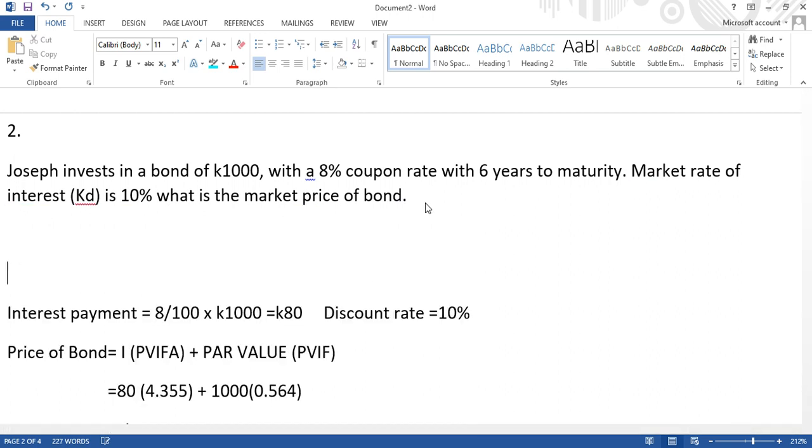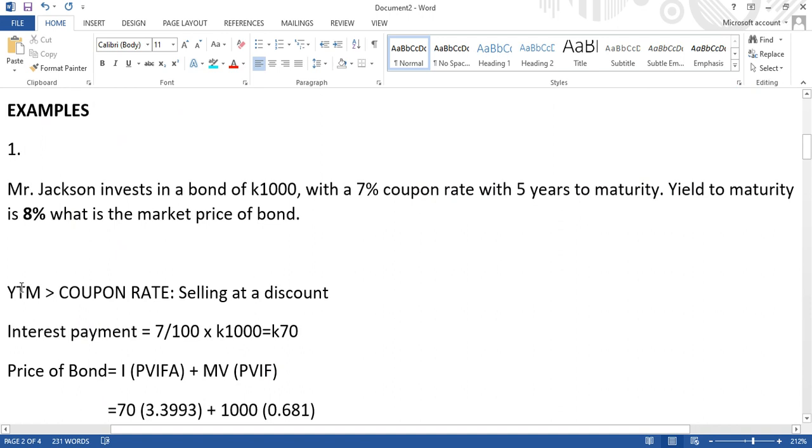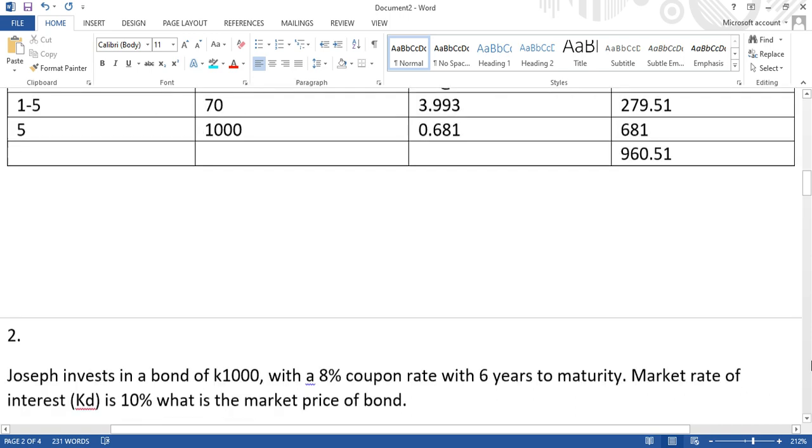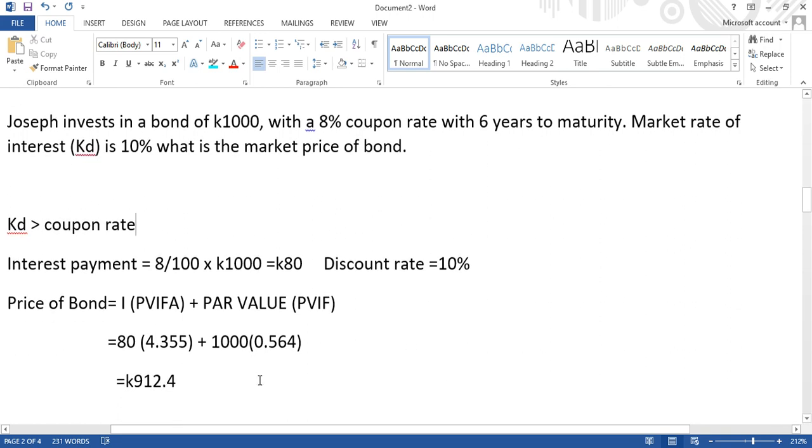So let's see, is our cost of debt greater than our coupon rate? Cost of debt is greater than coupon rate. And as before, we saw when our yield to maturity or our cost of debt is greater than coupon rate, the market value is less than the nominal value.